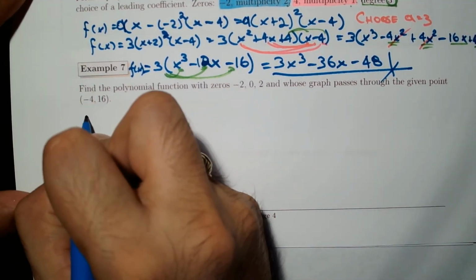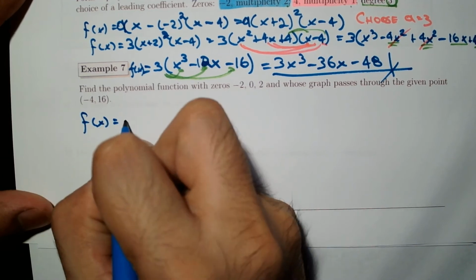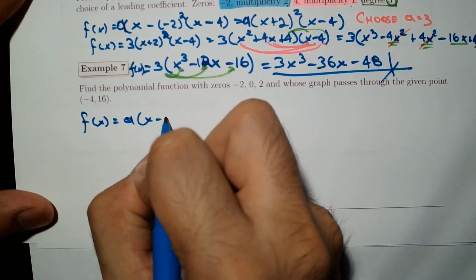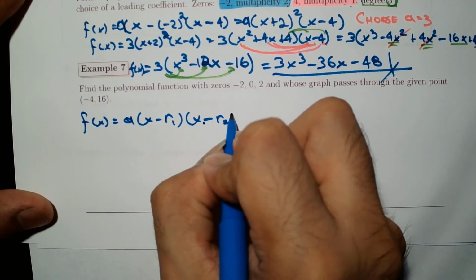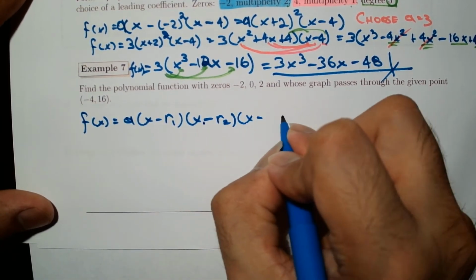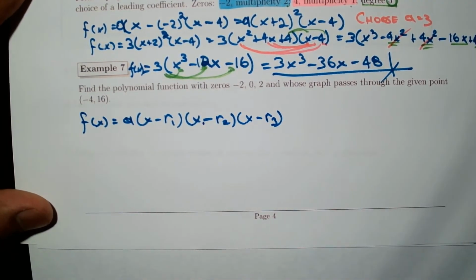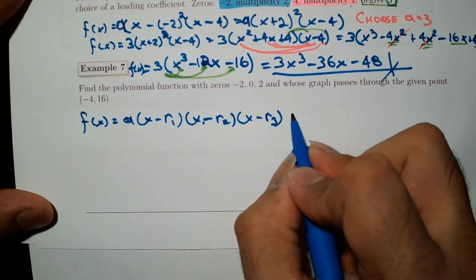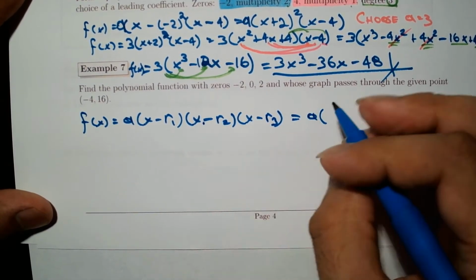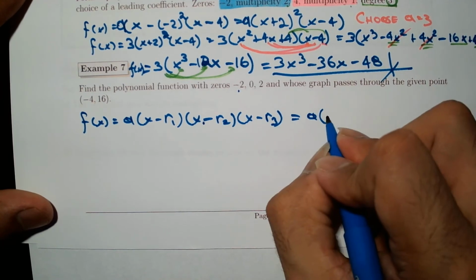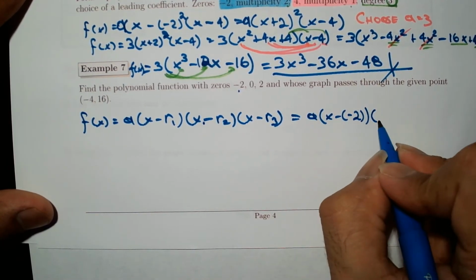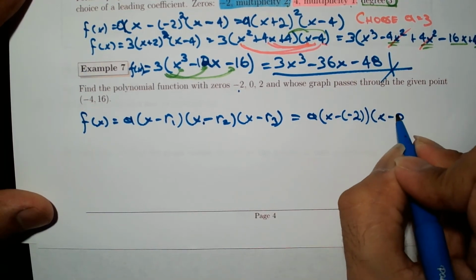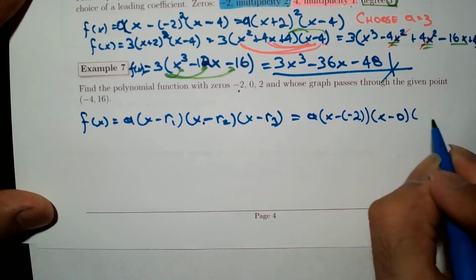First of all, f of x equals a times x minus r1, x minus r2, x minus r3. So what are the zeros? r1 is negative 2, r2 is 0, and r3 is 2.